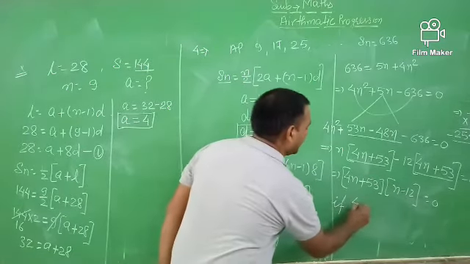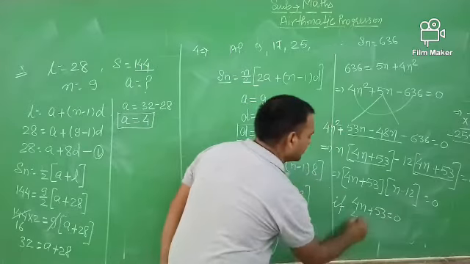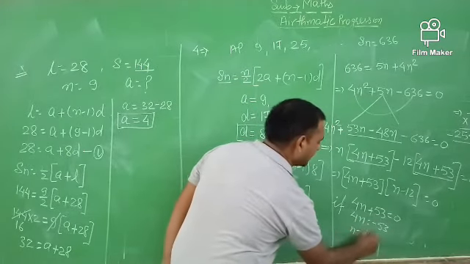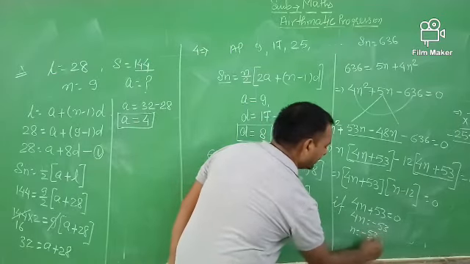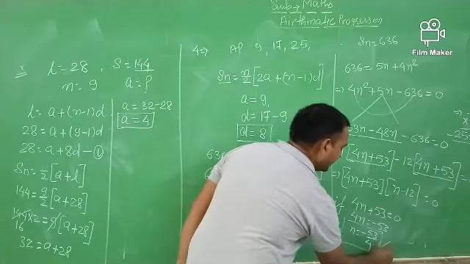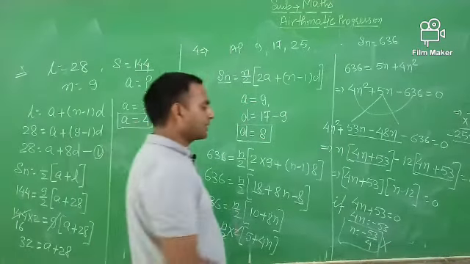If 4n plus 53 is equal to 0, then 4n is equal to minus 53, so n is equal to minus 53 upon 4. This is not possible, because the number of terms can never be negative or a fraction.